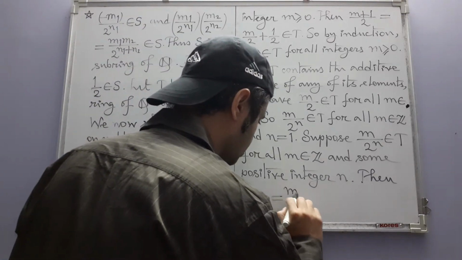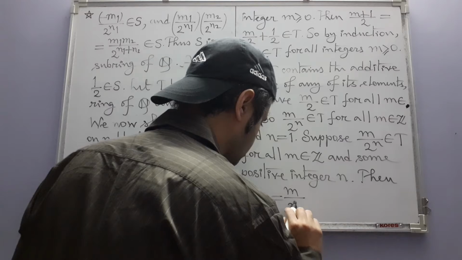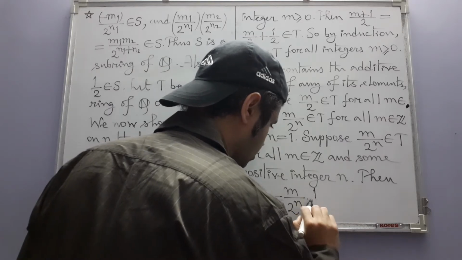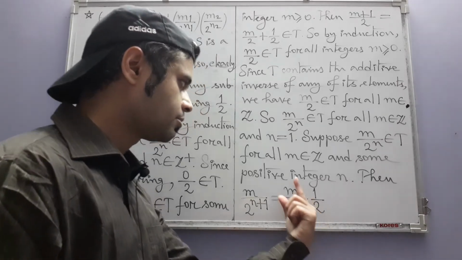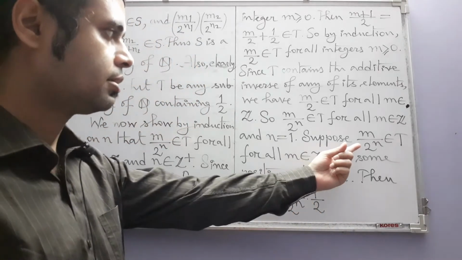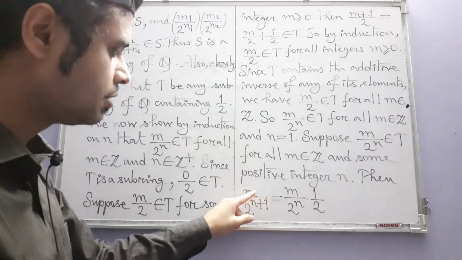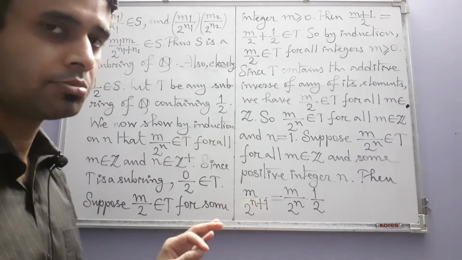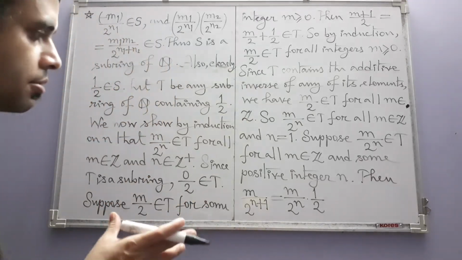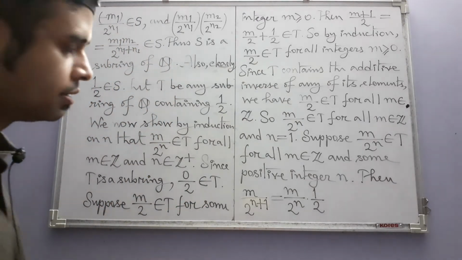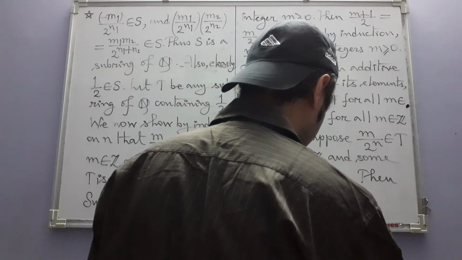And this is equal to a product whose first number belongs to t, that is our induction hypothesis, irrespective of the value of m, the numerator. And this of course is in t, so their product, because t is a subring, belongs to t.